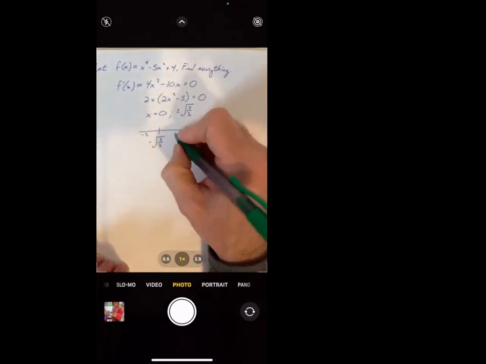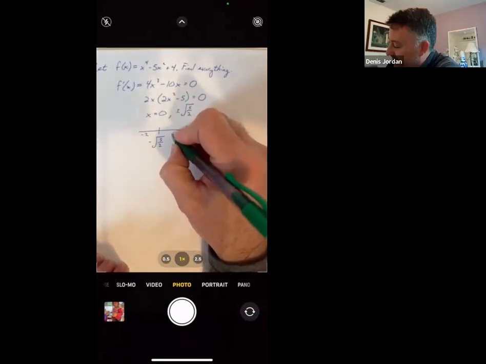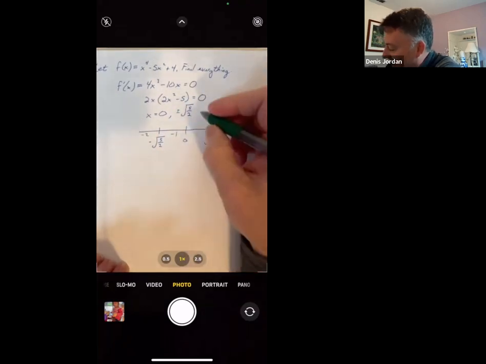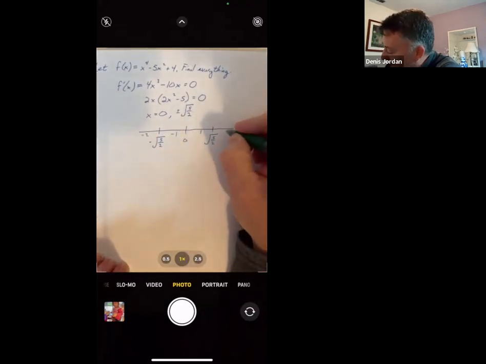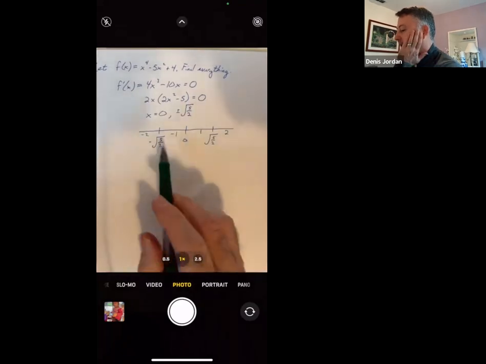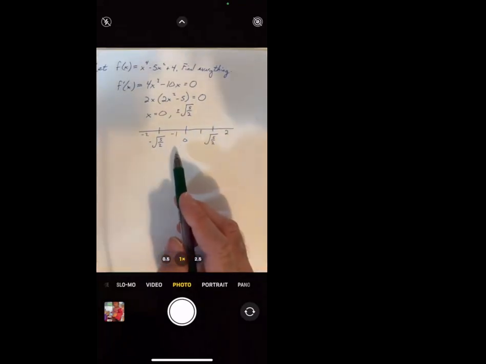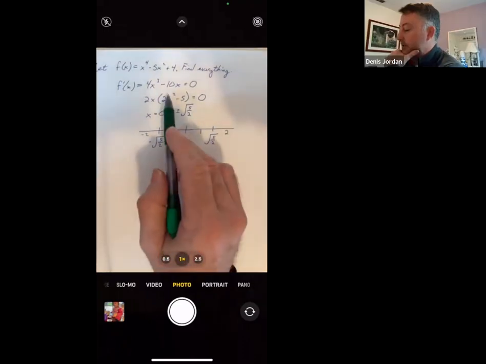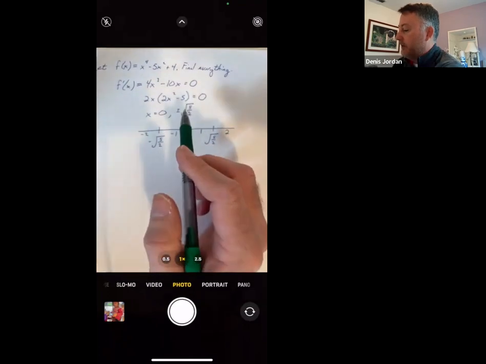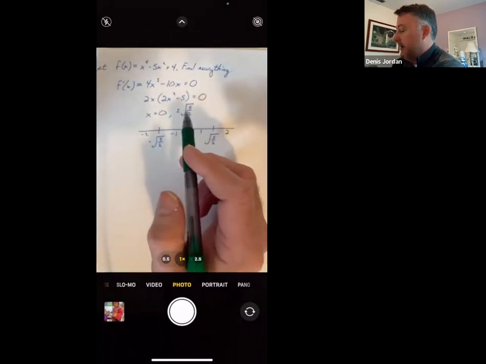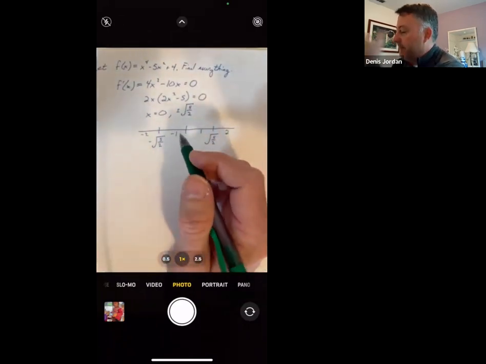Some number between 0 and negative root 5 halves, or, well, -1. Okay, 1 and 2. So these are your test numbers. And then where did you say to plug them in? Into the first derivative. And all you care about is if it comes out as a positive or a negative.